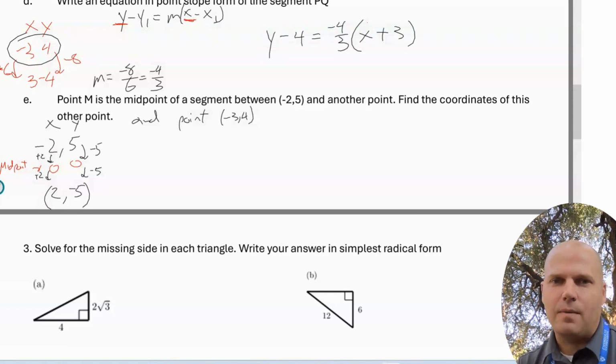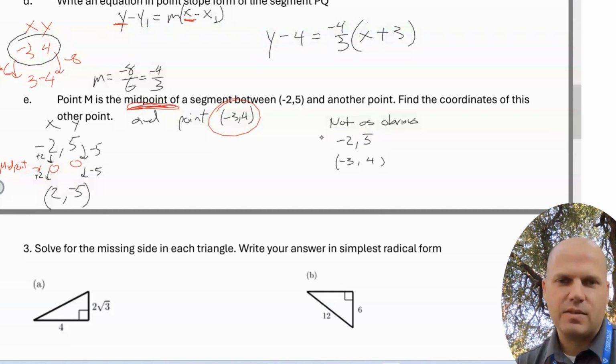But let's talk about point -3, 4 as the midpoint between -2, 5 and another point.